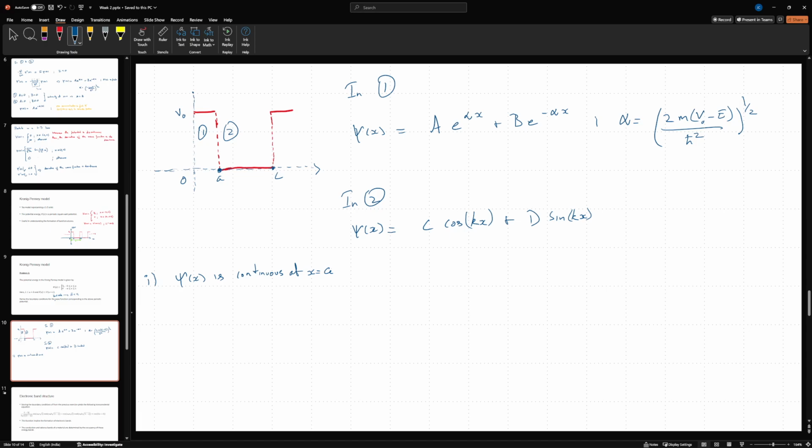Even before going into that, how many boundary conditions do I need to solve this problem? Can anyone make an estimate? How many unknown quantities are there in this equation?